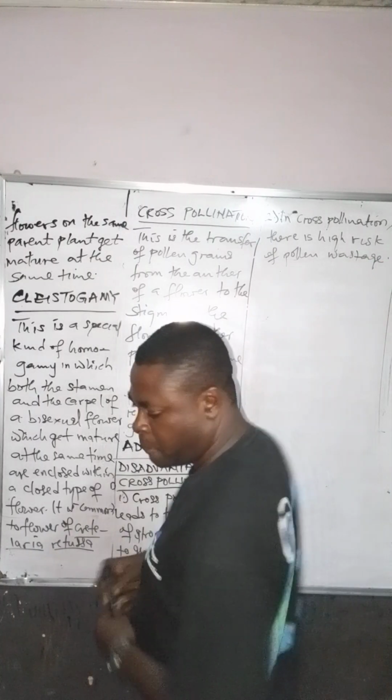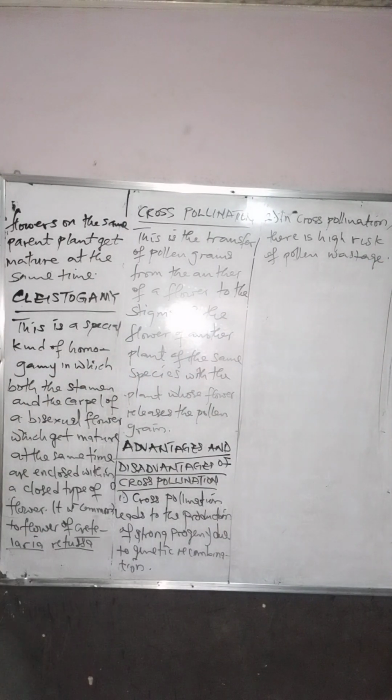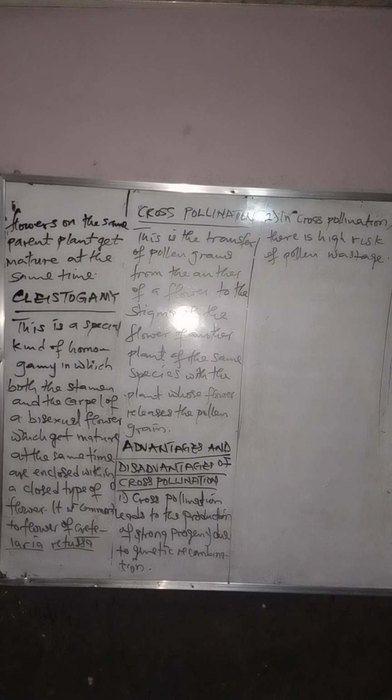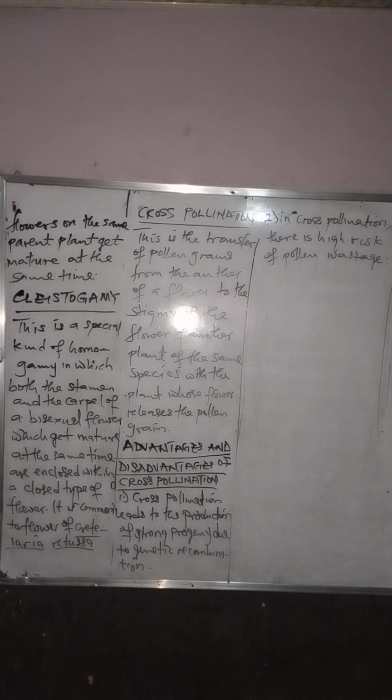Imagine if a pollen grain is to be released in Sapele Road to go and pollinate a flower in Okada. Before it gets there, somebody would have swallowed it up at Kada Fry, and it is wasted. It might not get to its destination because the distance between the two parent plants is now a barrier. It's a problem.